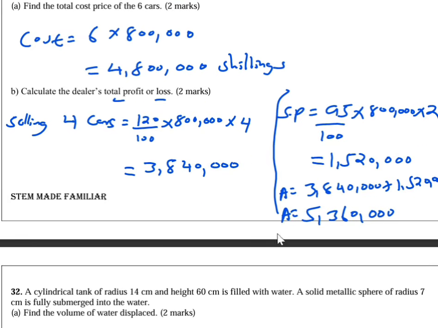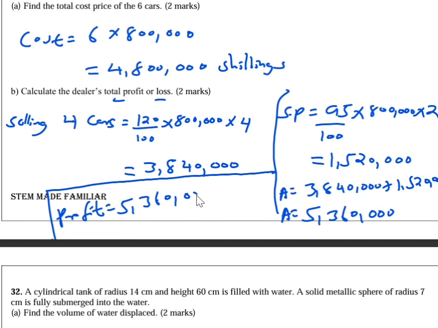So we subtract the two. Tumejaza kila pahali, lakini sijali. So make sure in exam you write well. So it will be the difference between the two. So the profit will be, amepata pesa ngapi? 5,360,000 subtract pesa yote ilikuwa ni 4,800,000.